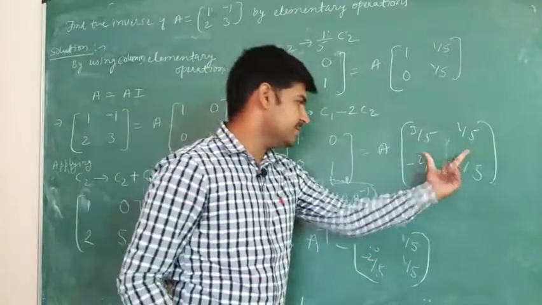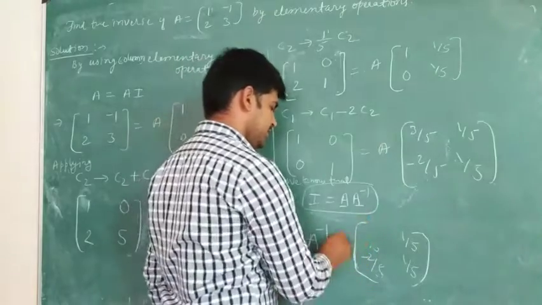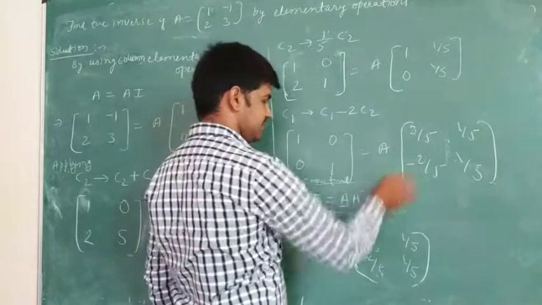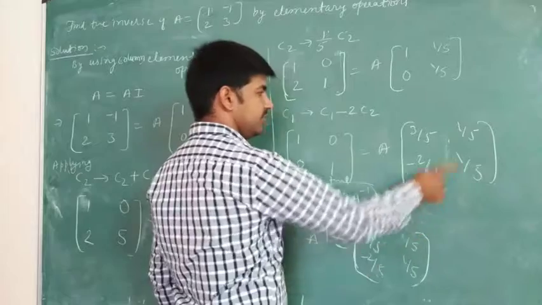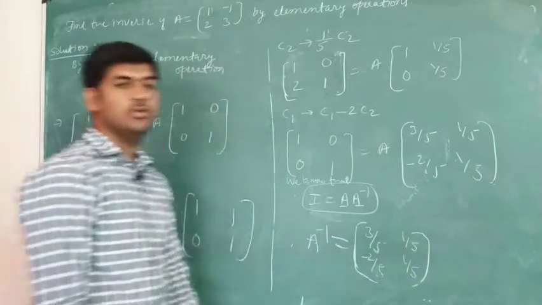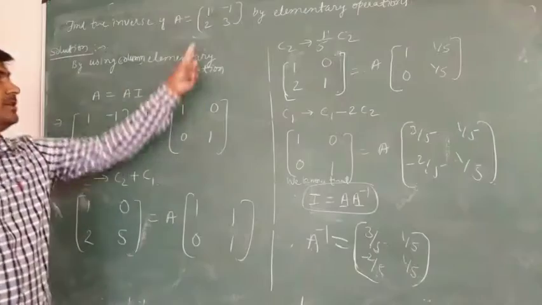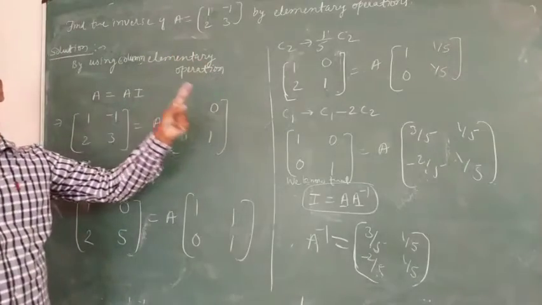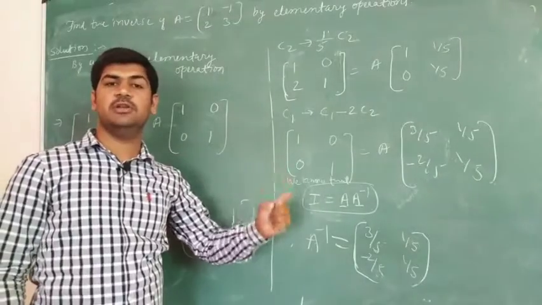This matrix can be written as A inverse is equal to [3 upon 5, 1 upon 5; minus 2 upon 5, 1 upon 5]. That's how we have got the inverse of this particular square matrix using a series of column elementary operations.